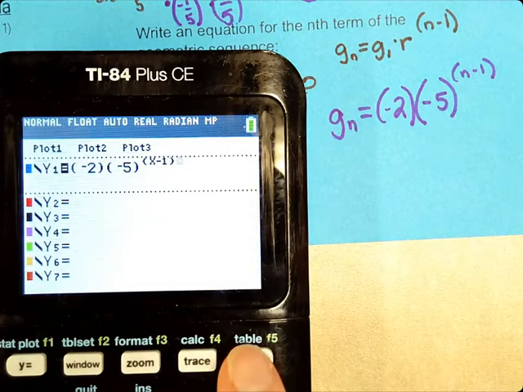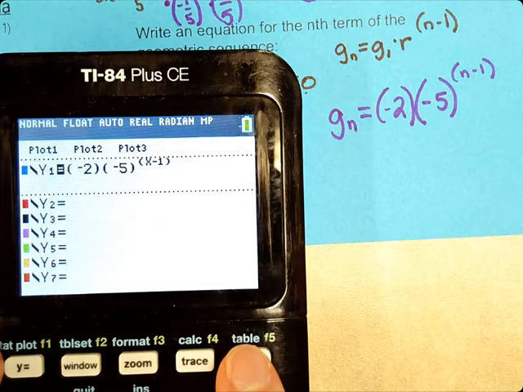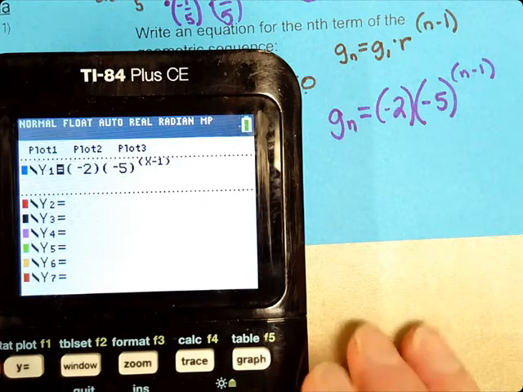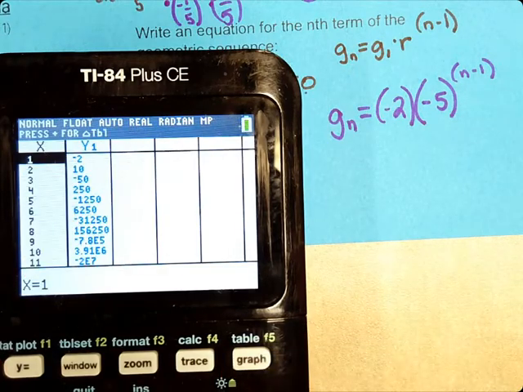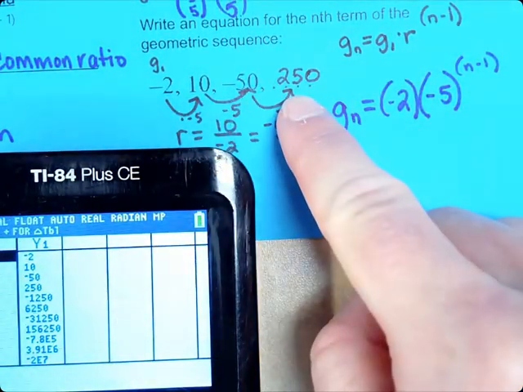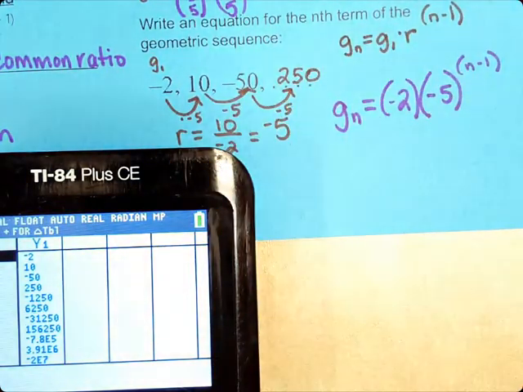You've got to put minus in there, because otherwise that's like saying x times negative 1 instead of x minus 1. Okay, so look at the table. So let's look at our numbers. Negative 2, 10, negative 50, 250. So it's exponential growth.